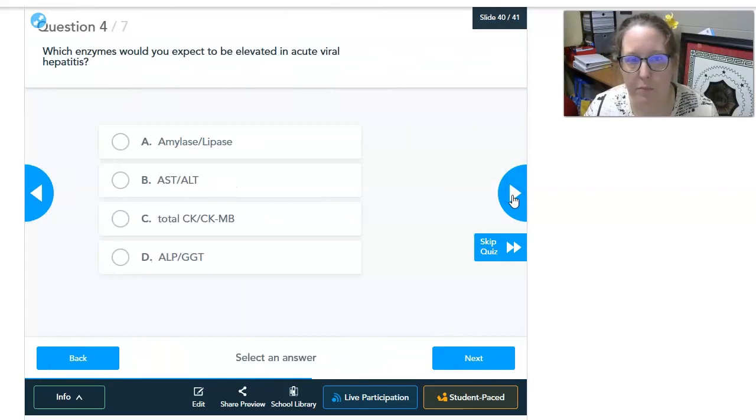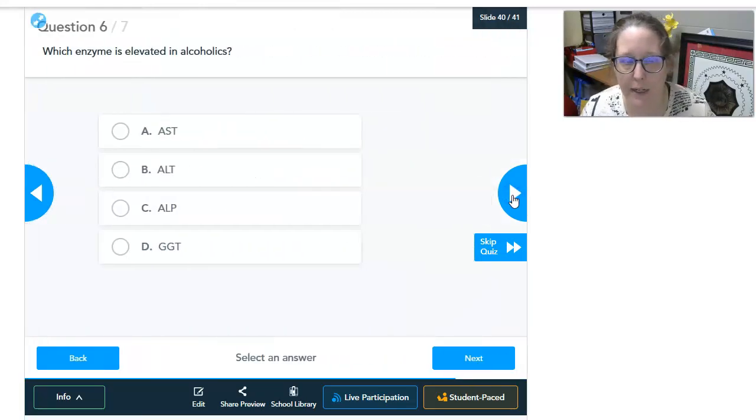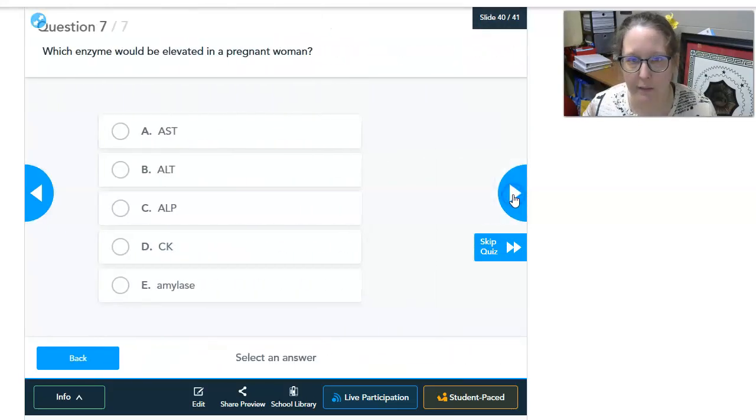And which enzyme would you expect to be elevated in acute viral hepatitis? Rhabdomyolysis would elevate which one of these? And which enzyme is elevated in alcoholics? And last, which enzyme would be elevated in pregnant women?